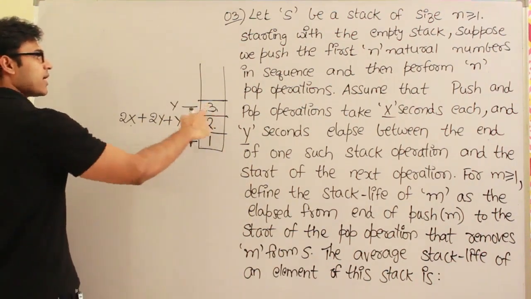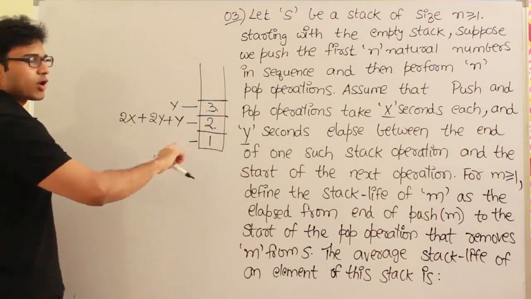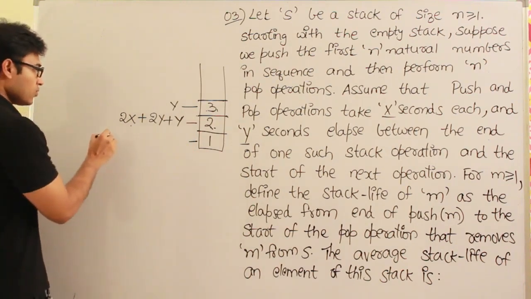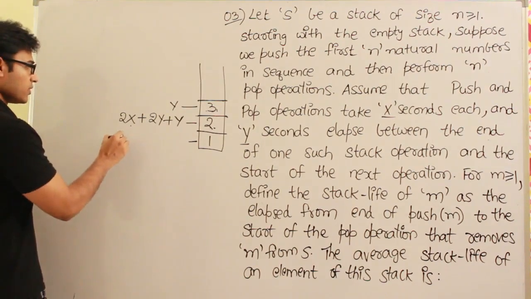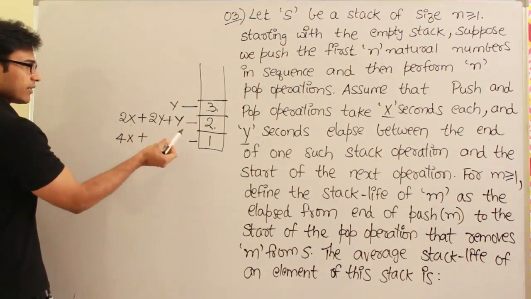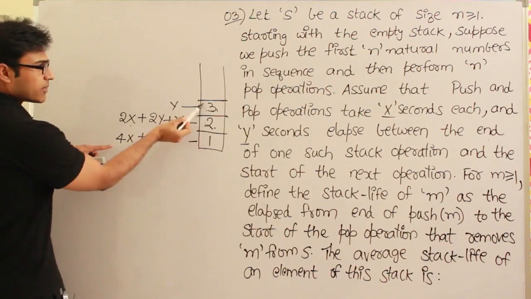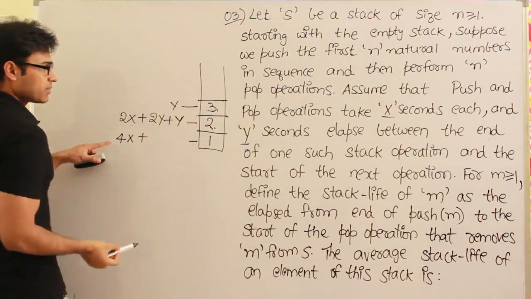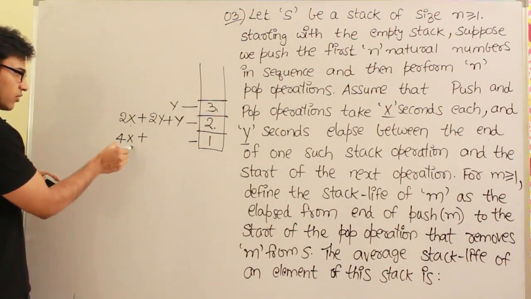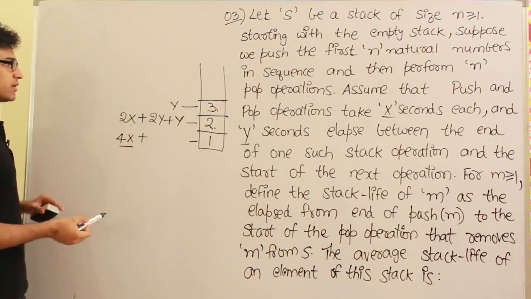So these 2 elements have to be pushed as well as popped, isn't it? So 2 elements have to be pushed 2 times and popped 2 times, therefore it is going to be 4x. Are you understanding it? The reason is these 2 elements will be pushed once, so x plus x is 2x, and these 2 elements will be popped once, x plus x is 2x. Therefore, for pushing and popping, time taken is 4x.